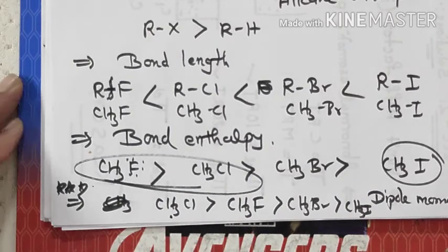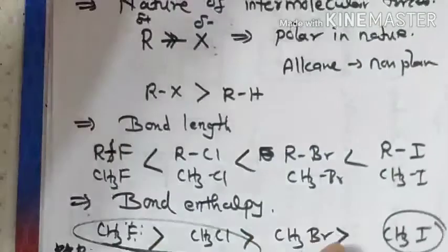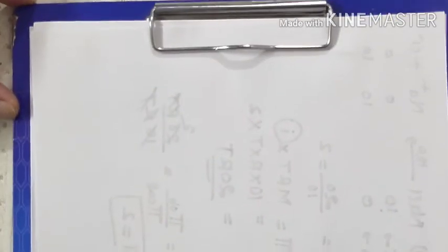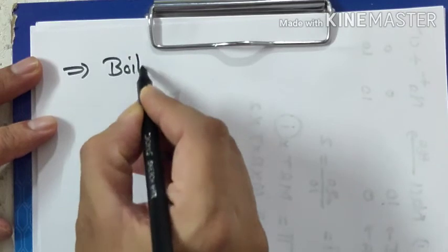Now, moving to the next physical property, which is an important one: boiling point, student.